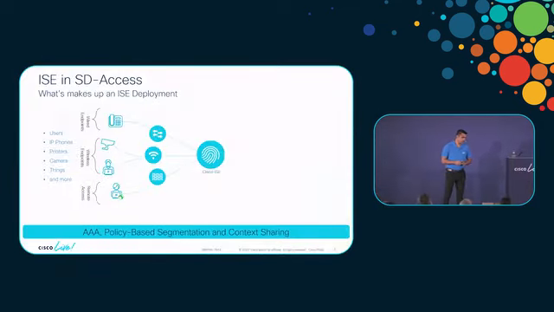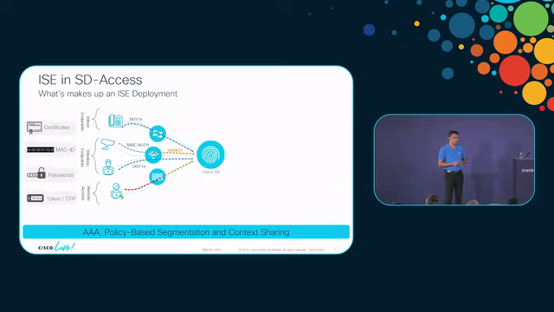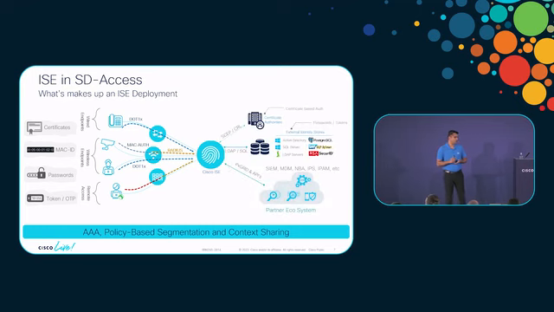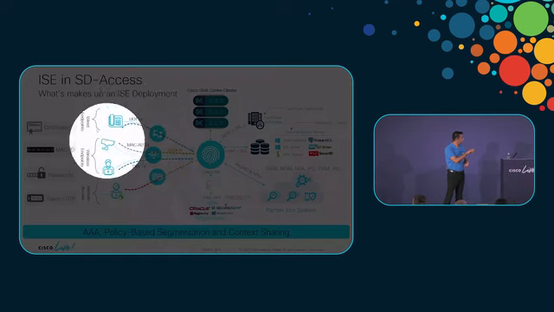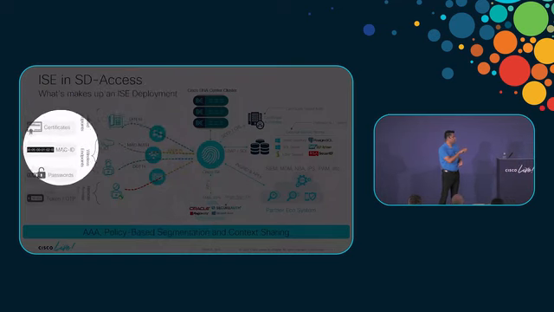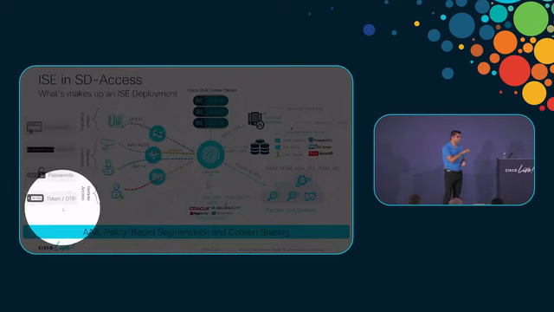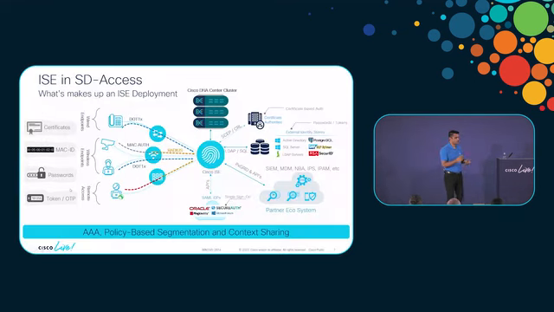Now let's look at some of the ISE deployment options. As we all know, ISE is a network access control and policy enforcement engine. How do we identify users? We identify users through the credentials they share, and those credentials can be certificates, MAC addresses, passwords, or tokens, any of those methods.